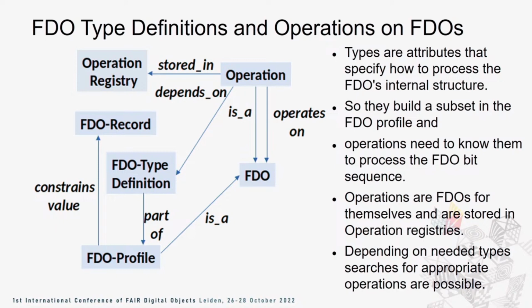And for this aspect, we need to have a kind of relation between the operations and certain attributes which are given by the FDO record. So the idea here, and we call these attribute definitions, we call them type definitions.